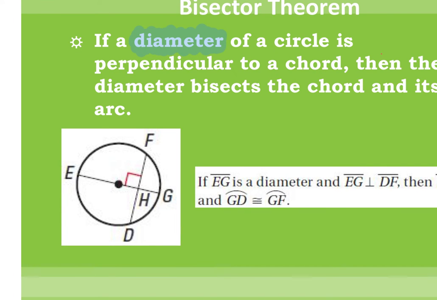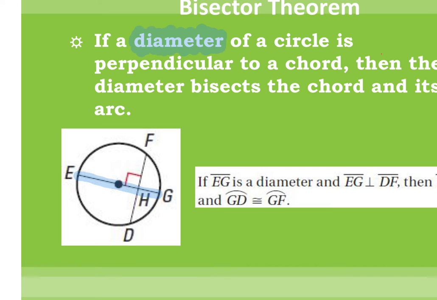In this figure, okay, what would be the diameter? EG. So highlight it using that same color that you highlighted diameter with, okay? So what this theorem says is, if EG is perpendicular to our chord, where's our chord here? Which length is our chord?